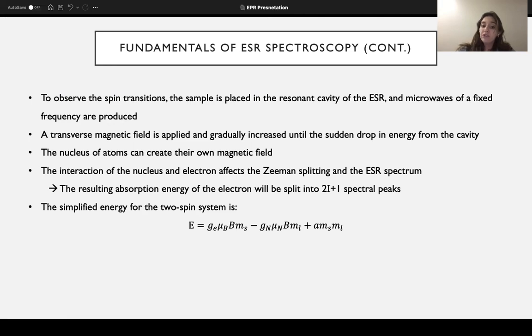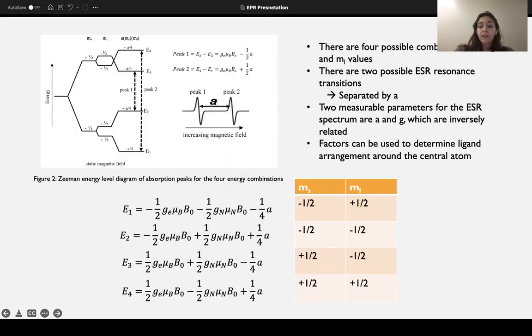The simplified energy for the two spin system is this electron term plus the nuclei term plus the A constant, which is called the hyperfine coupling constant, times the M_S and M_I values. There are four possible combinations of M_S and M_I values, and there are two possible ESR resonance transitions that are separated by the hyperfine coupling constant.